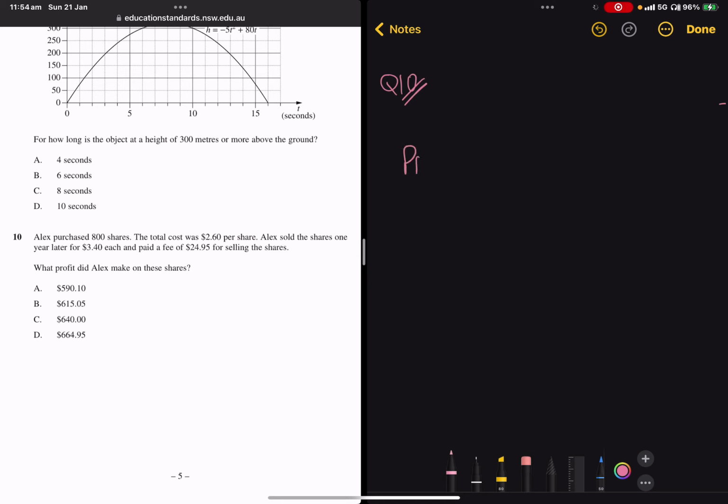So profit is equal to revenue minus cost. And so we are going to have his revenue, which is $3.40 times 800 minus $24.95. That's the brokerage fee he pays.